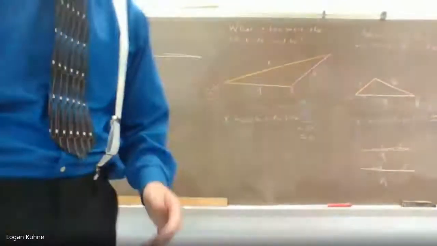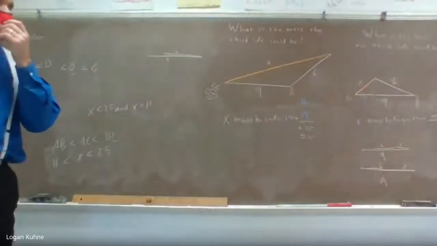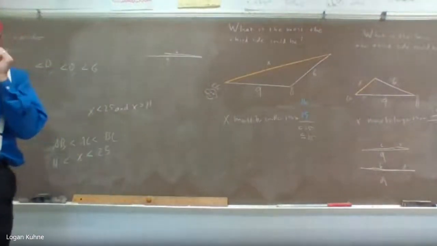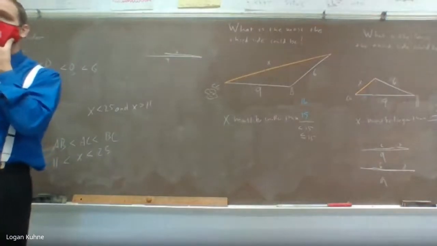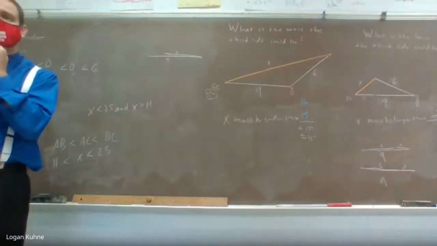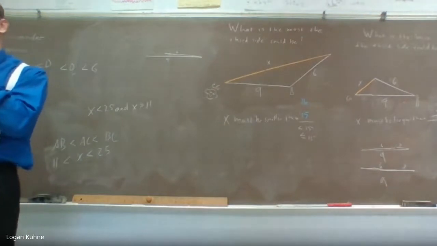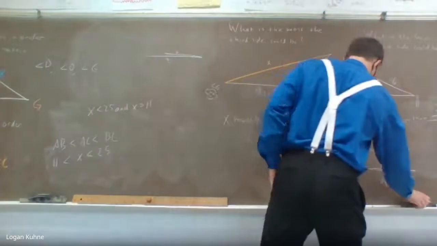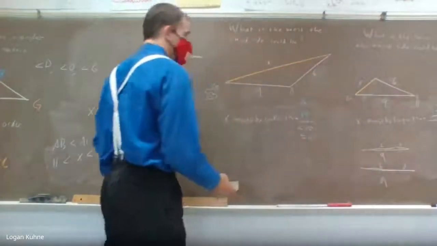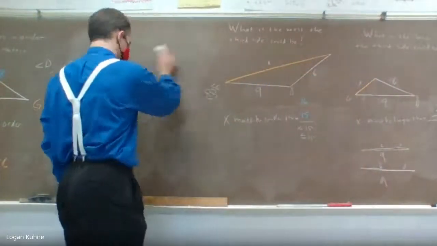Okay. So it's got to be larger than 3. What's got to be less than? 15? It's always the most. But are we saying that it's predictable? If it was 15, the 6 and the 9 wouldn't have been the angle.